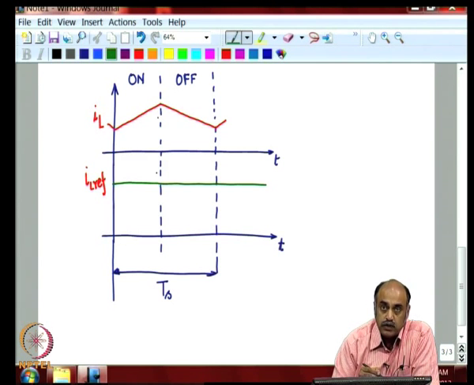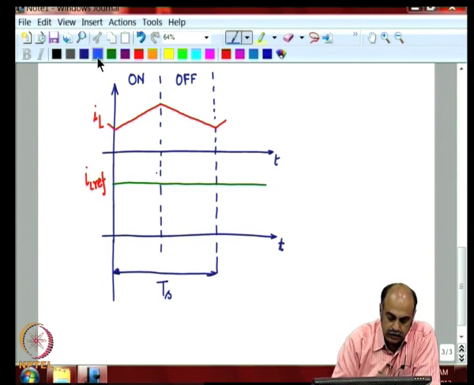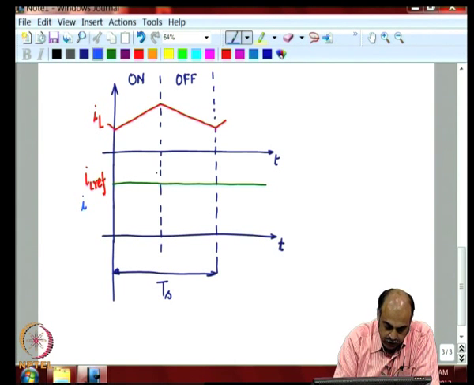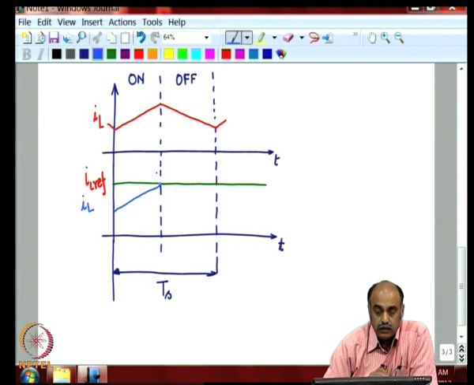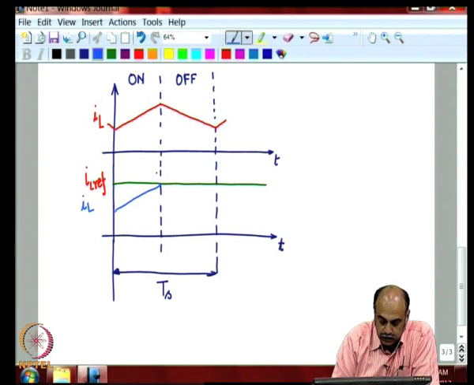So, basically if I superpose both IL and IL ref, you will see that the inductor current keeps rising.